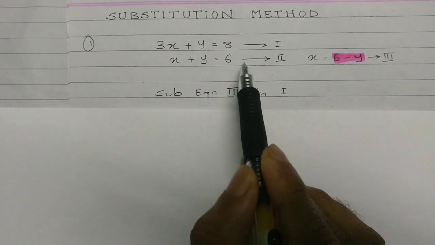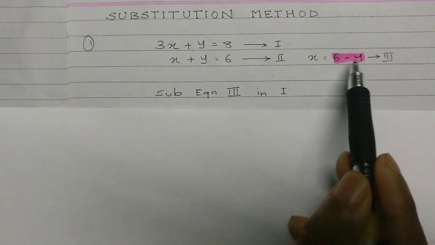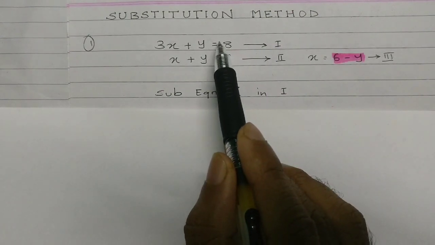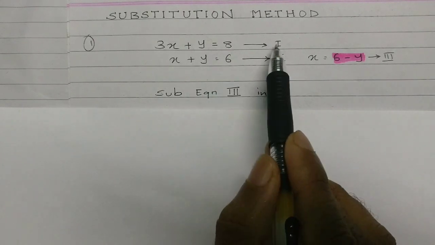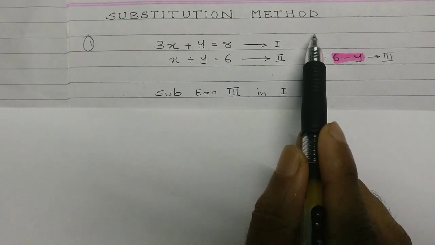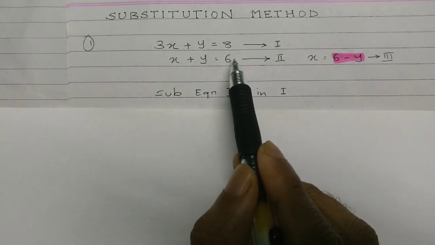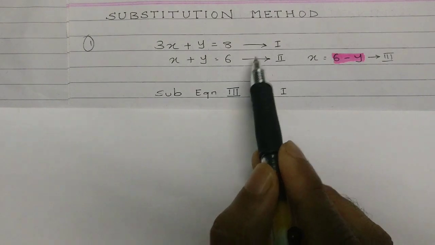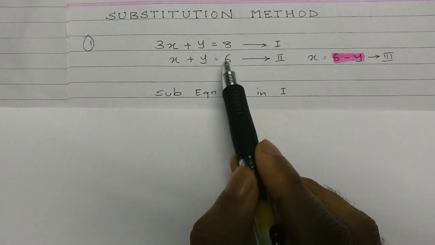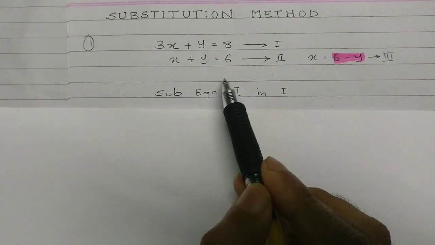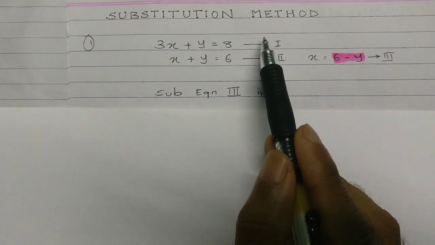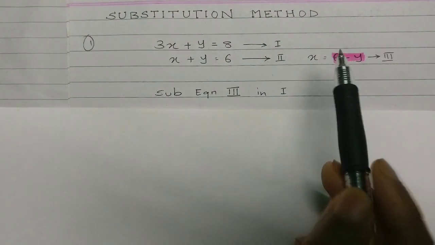So equation 2 was converted into this, and then this is going to get introduced in the first equation. Say for example, you converted the first equation, then this converted equation will go and be introduced in the second one. That's the reason it's called a substitution. You can't convert this and put it over here and solve. You'll get the answer as 0. So it needs to be substituted in the other equation which you haven't touched.